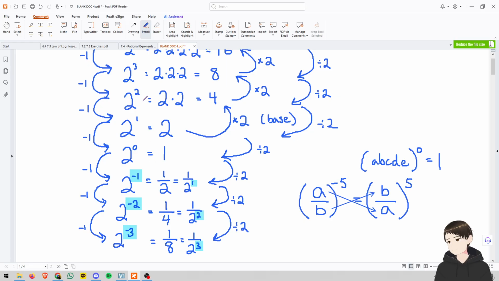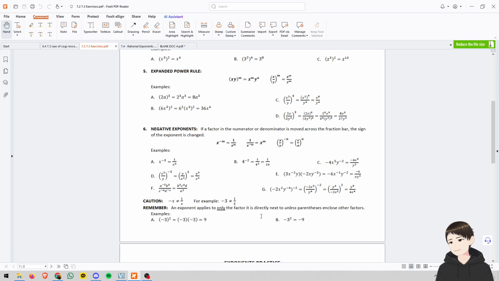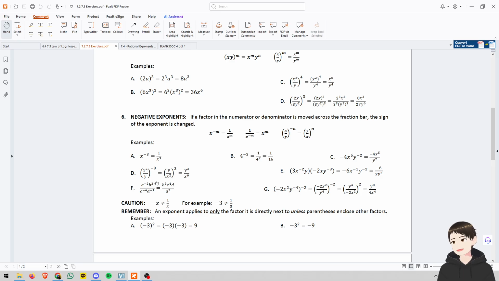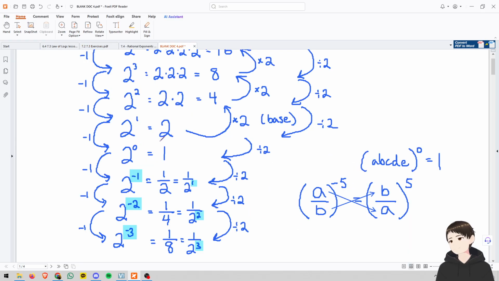Okay? So let's try it. Going to our exercise sheet, I'm going to take an example right here. Let's take something fairly simple. Okay, here's an example.